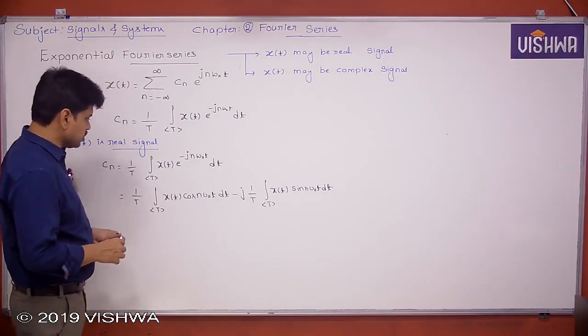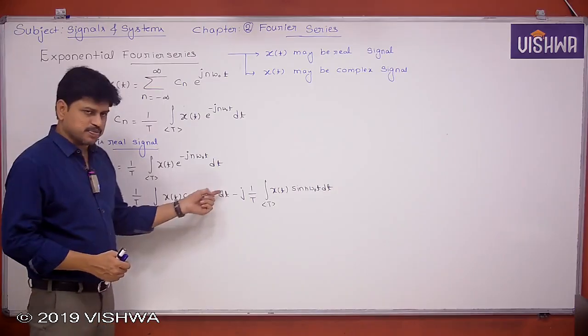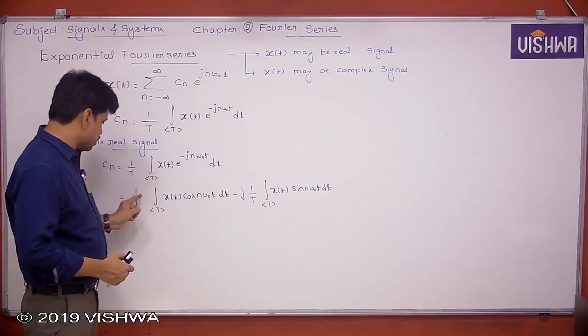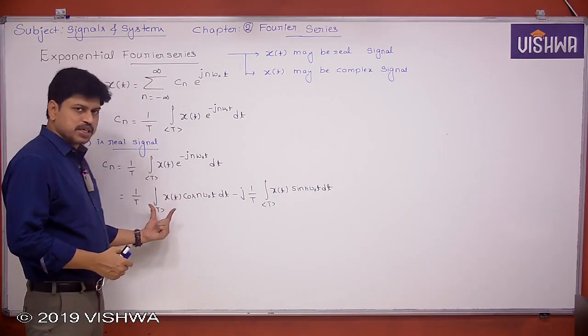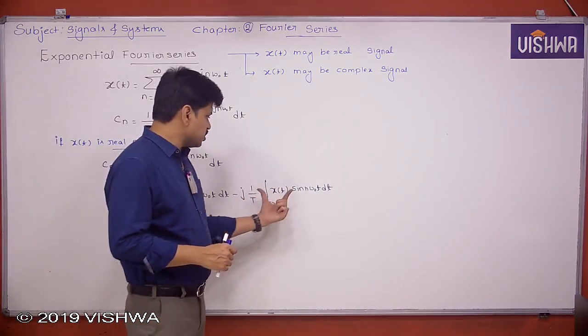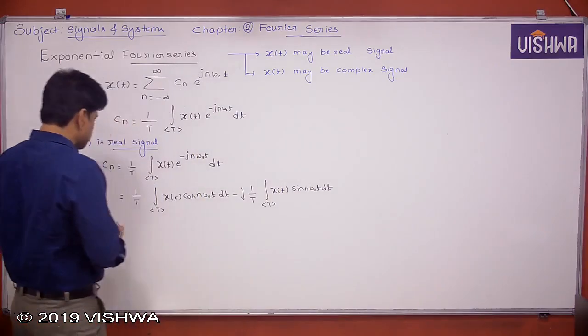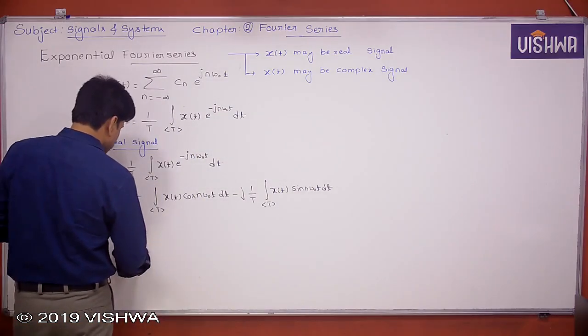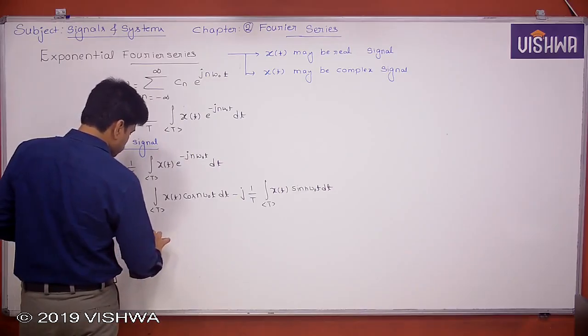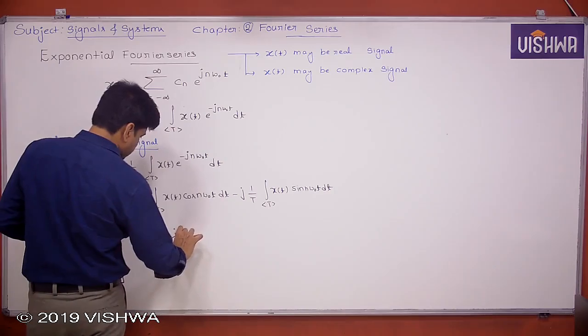Now observe this. This integral we have seen already. If a 2 is there, this integral represents the coefficient a n, and with 2, this integral represents b n. So if the 2 is not there, this is nothing but a n by 2 minus j b n by 2.